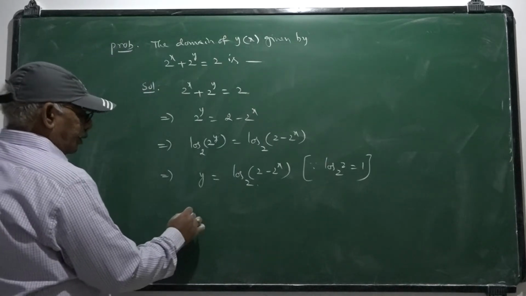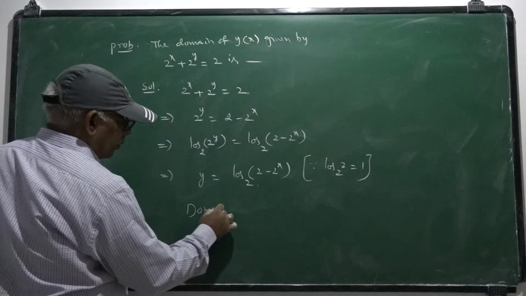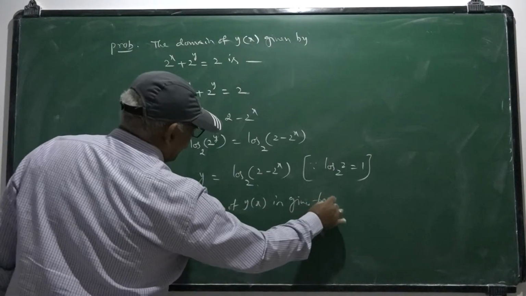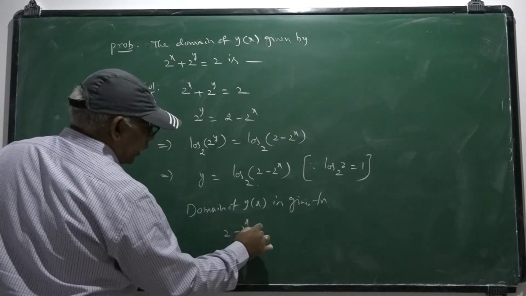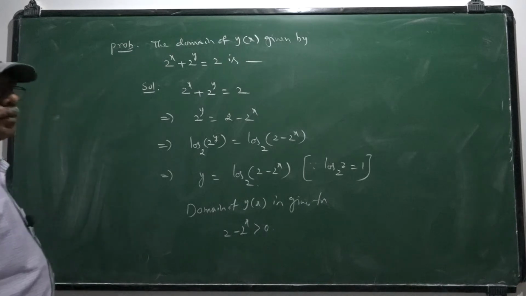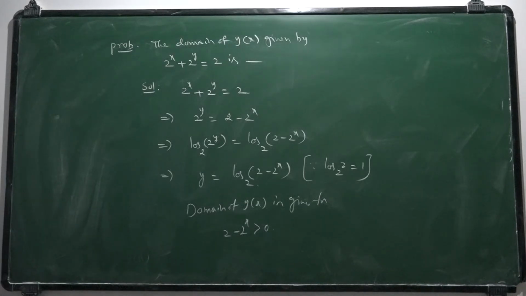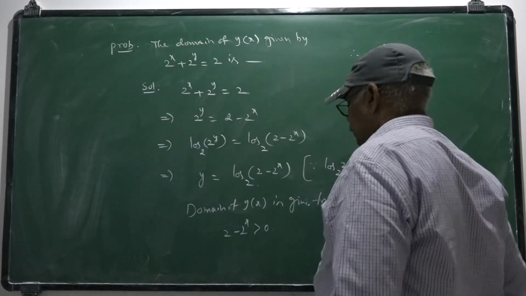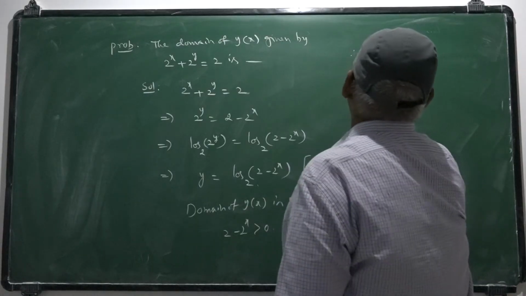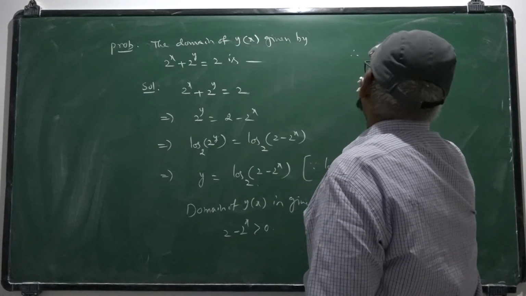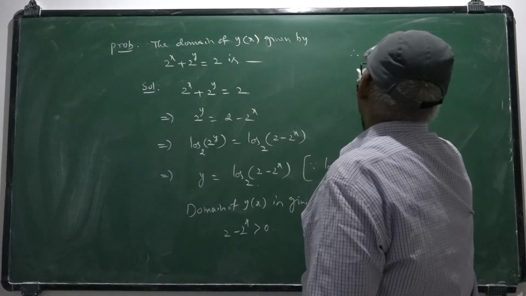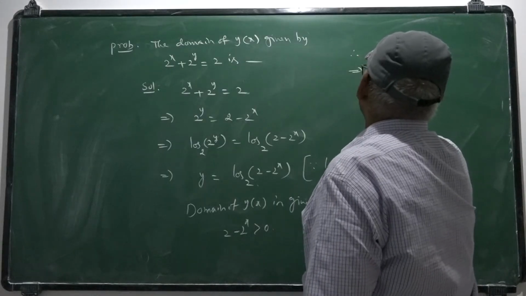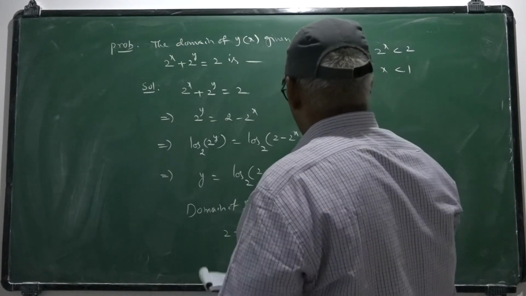Now the domain. The domain of y of x is given for 2 minus 2 power x positive, because for positive quantities only is the logarithm applicable. Therefore, 2 power x is less than 2. 2 power x less than 2 means x is less than 1 itself.